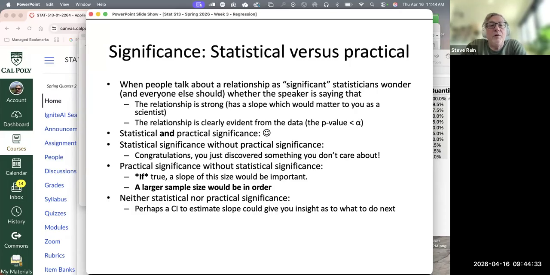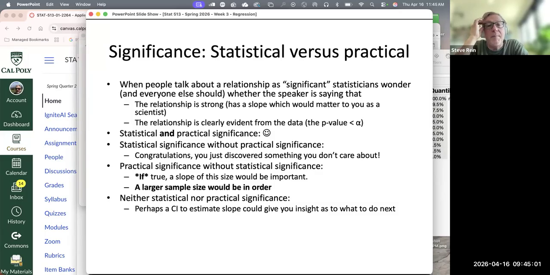Practical significance refers to whether the relationship is strong in a sense of you would care. If I talk to people in construction management and I said my confidence interval for the number of feet per floor in skyscrapers was 15, they would say, what? Because that would be so far away from the 10 or so feet per floor that they would expect to see.